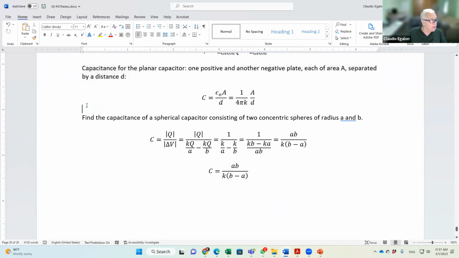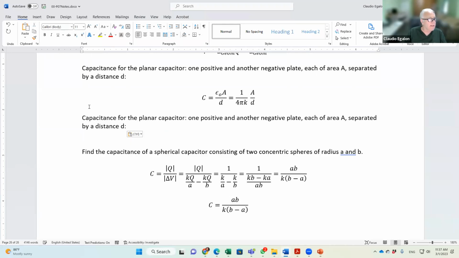Capacitance for the spherical capacitor.